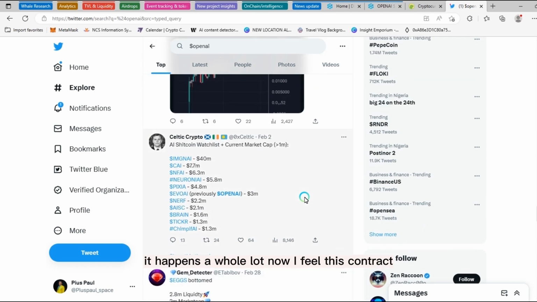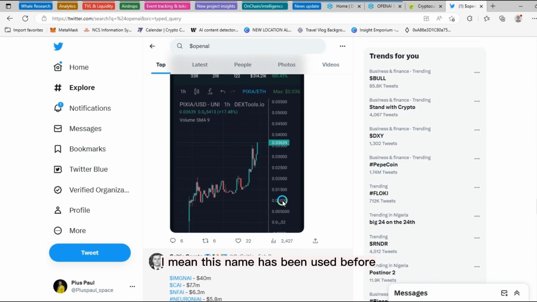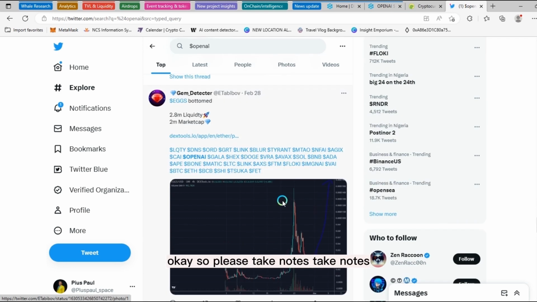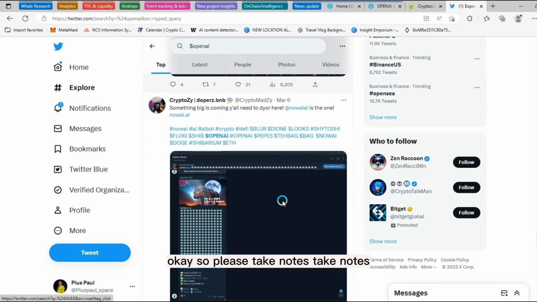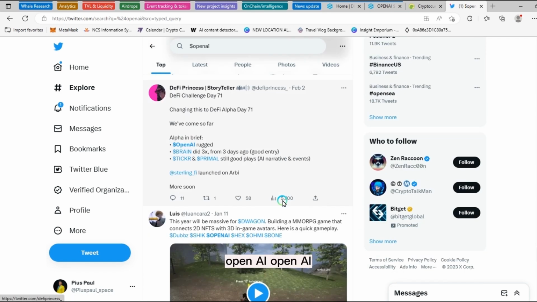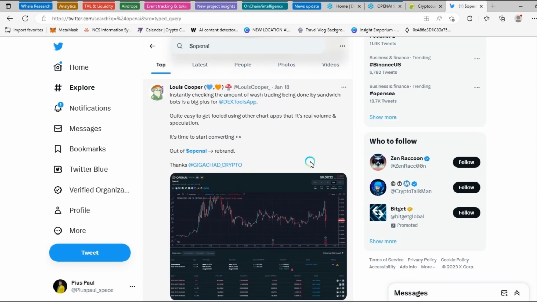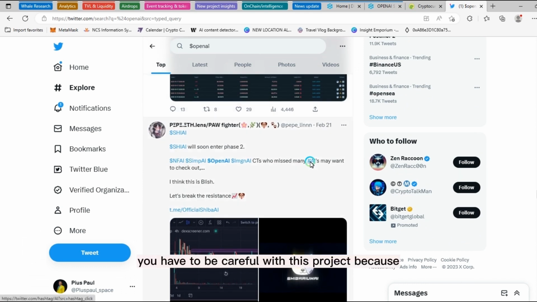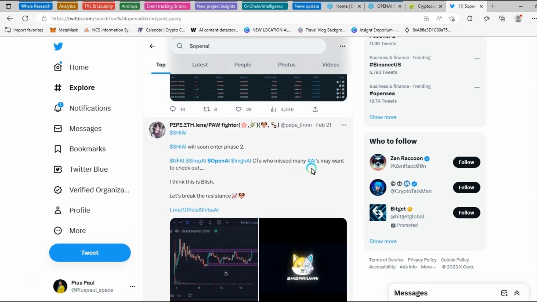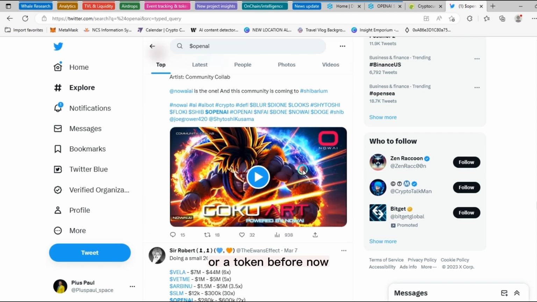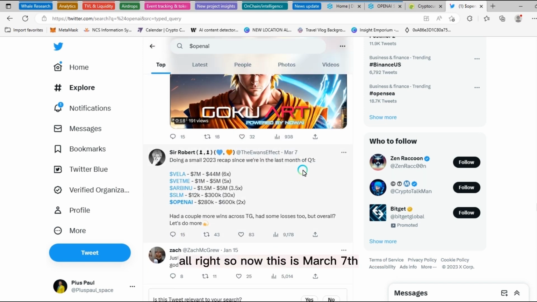Now, I feel this contract, I mean, this name has been used before. Okay. So please take notes. OpenAI. All right. So you have to be careful with this project because the name has been used to create a coin or a token before now. All right.